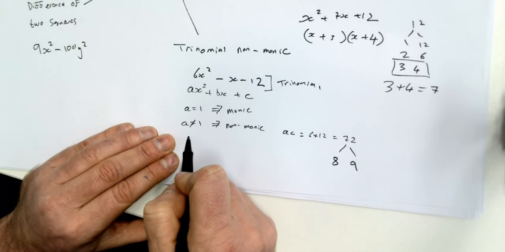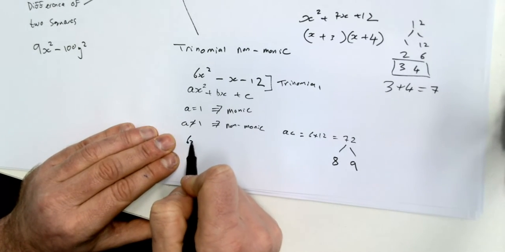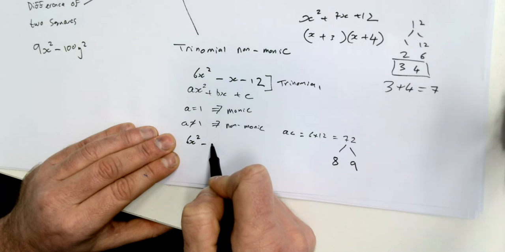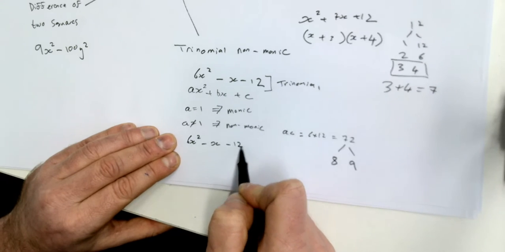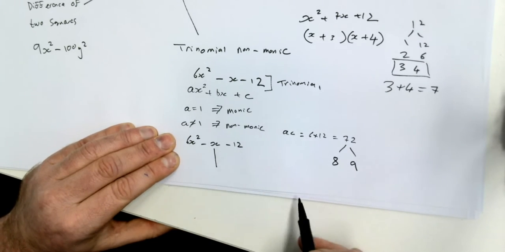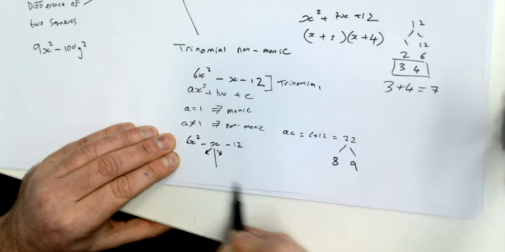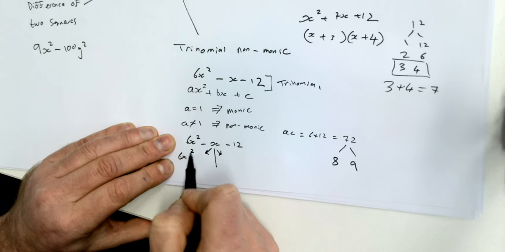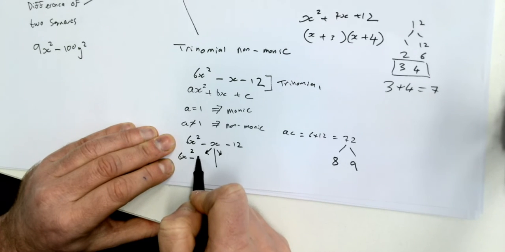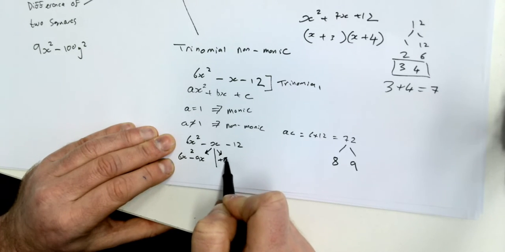So let's write our original quadratic out again. 6x squared negative x negative 12, and we partition it. It's negative 1x, so we're going to get 6x squared minus 9x plus 8x minus 12.